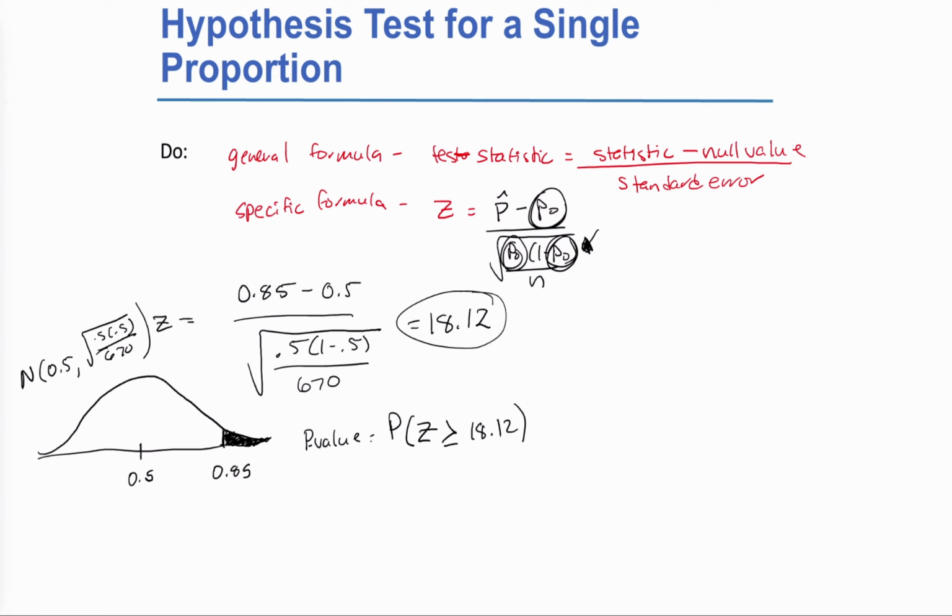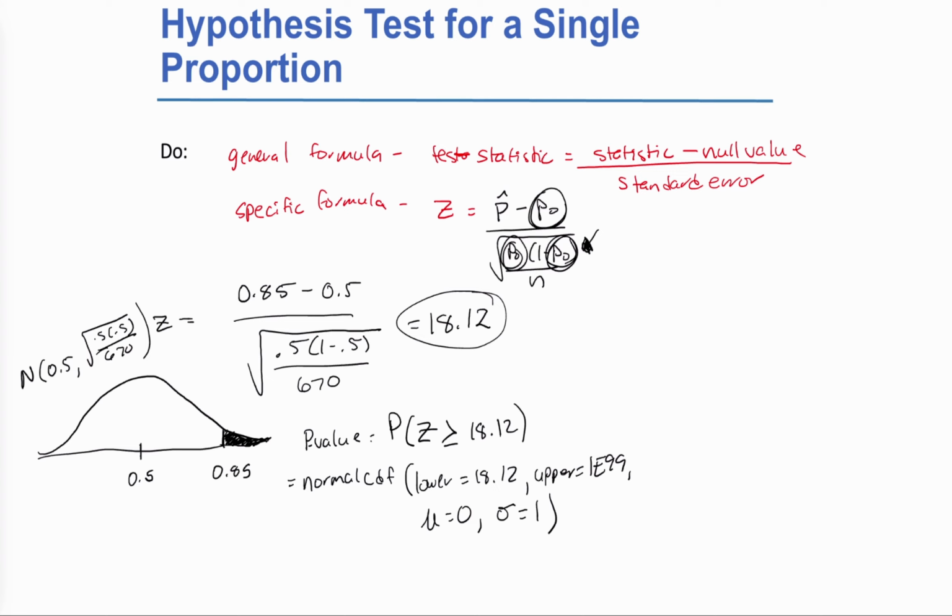So to find that p-value, we're going to use the normal CDF function with a lower bound of 18.12, an upper bound of 1e99, a mean of 0, and a standard deviation of 1.